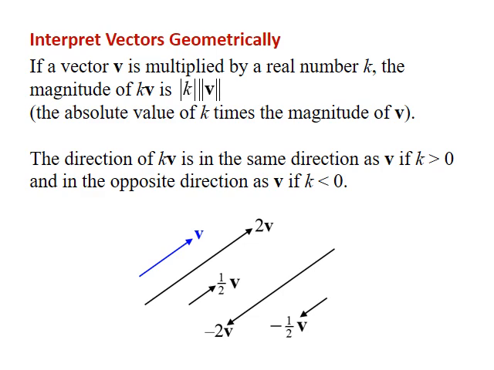Sometimes we will have a scalar multiple, and that's just multiplying the vector by some number. And basically, if this is vector V, then 2V is twice the length of V. A half V is half the length of V. And then if we have negatives in front, that just changes the direction of the vector.